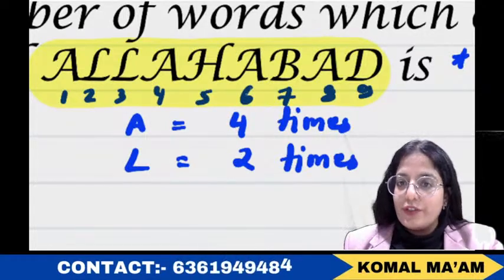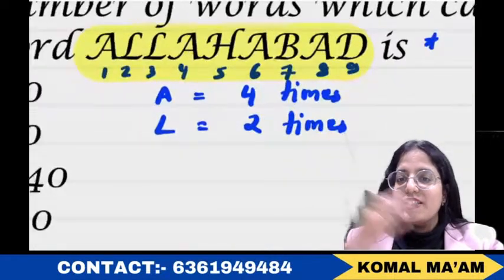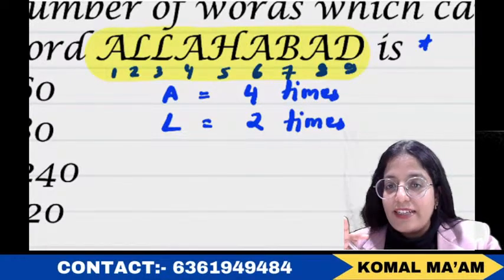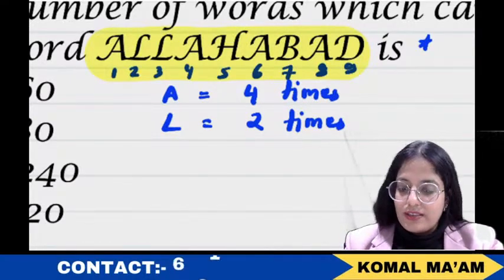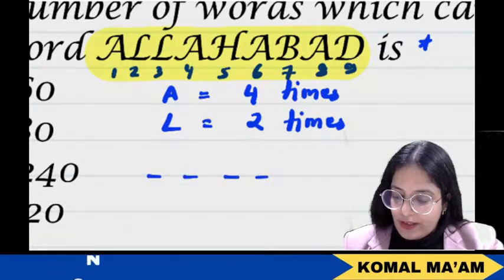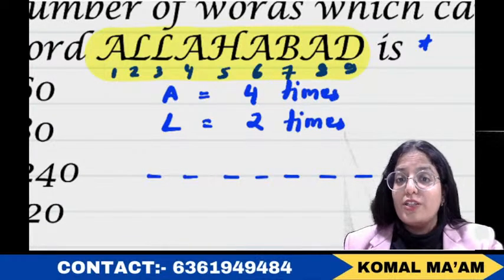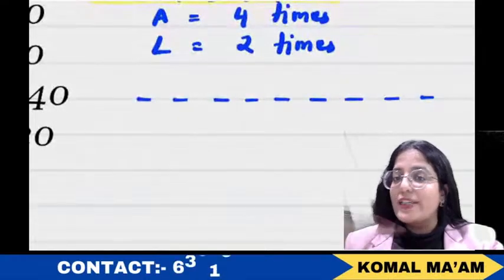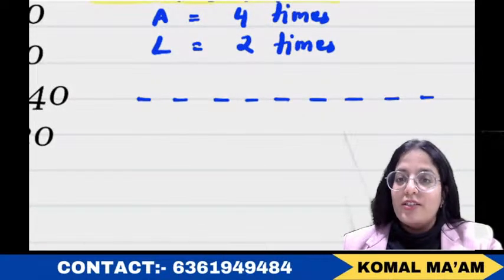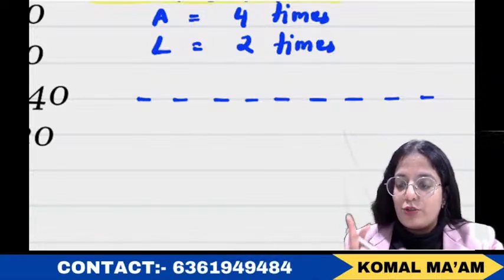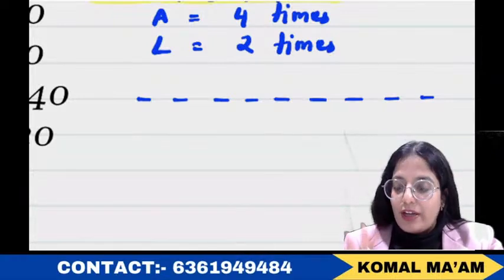First we will assume that there is no repetition. So in how many ways could 9 letters be arranged? The same concept, we have 9 places. Just to make you understand, I am writing it. When you get well versed with it, you will quickly write it as 9 factorial. So you have 9 places and 9 letters.